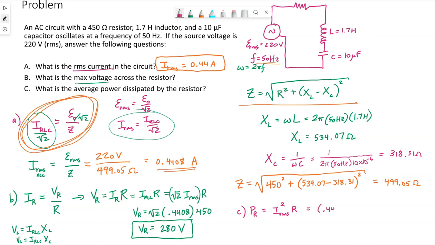So 0.4408 squared, and resistor, not Z. We want the actual resistance value, so the 450. So let me plug this in. Getting 87 watts. This is an average power because of the RMS current. The RMS value is relating directly to the average power value.